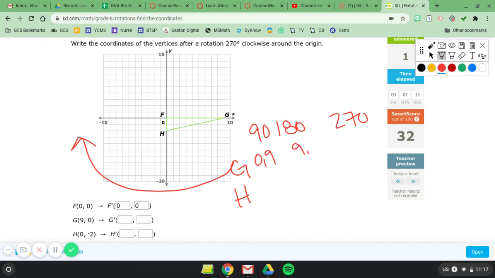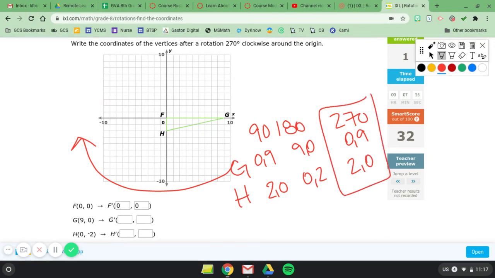After 180, we'll go back to 9, 0. And after 270, we'll flip-flop again to 0, 9. And then H will go to 2, 0 for 90 degrees, 0, 2 for 180 degrees, and 2, 0 again for 270 degrees. But then we just have to figure out our signs.